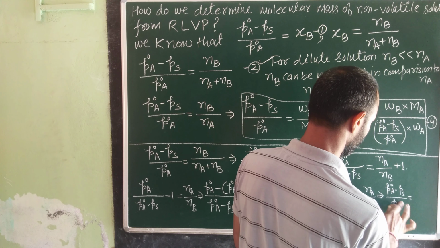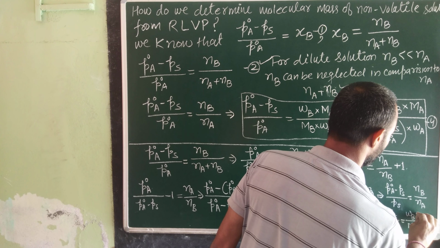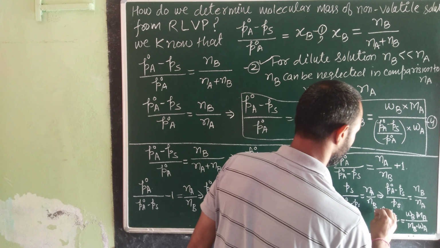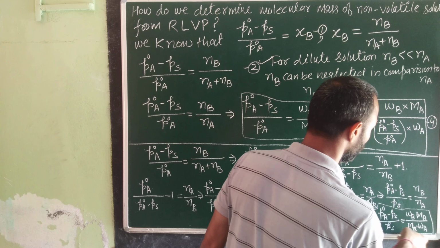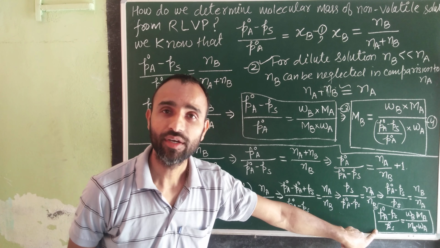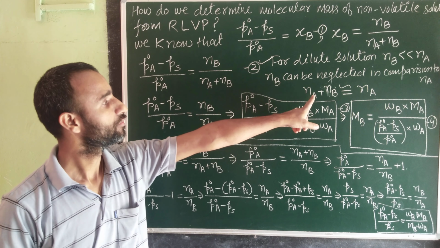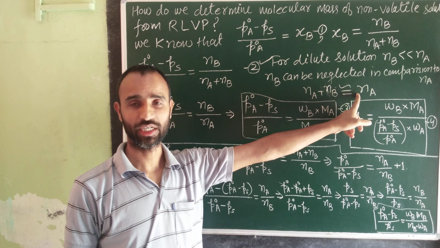So in this way, it is P naught A minus Ps over Ps equal to Wb over Mb into Ma over Wa. So this is the relation used when we do not approximate the result.